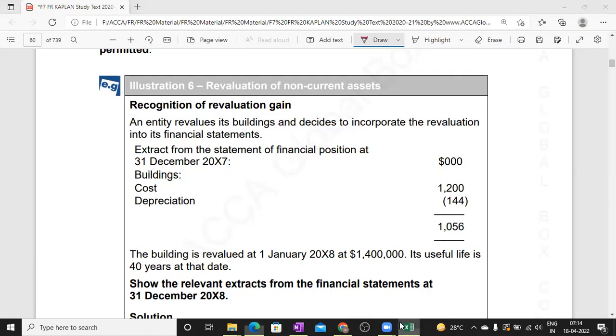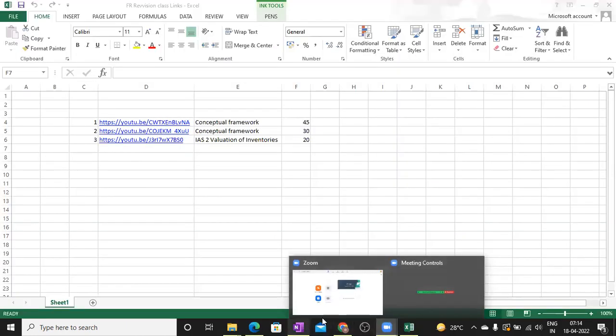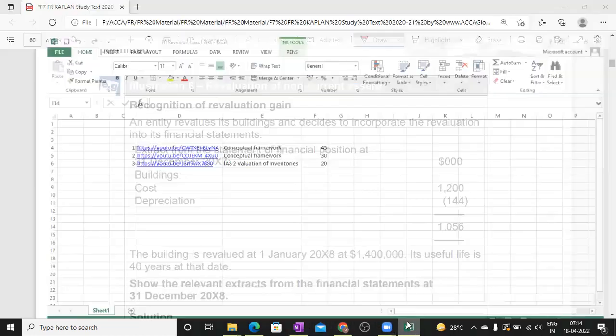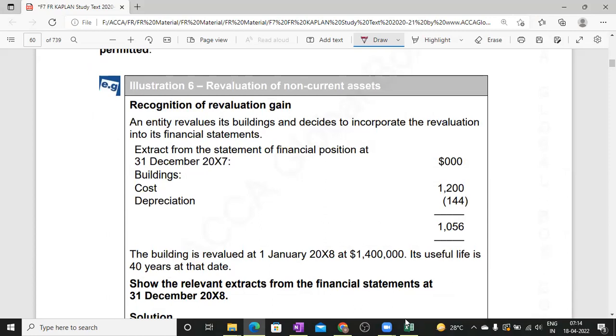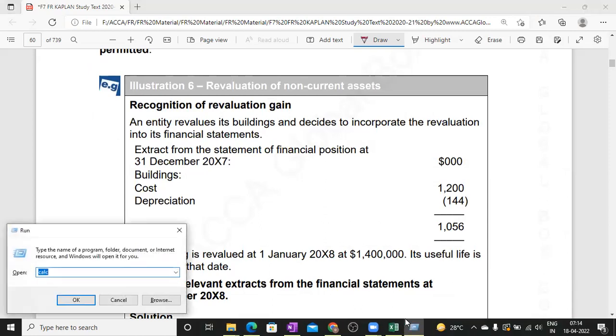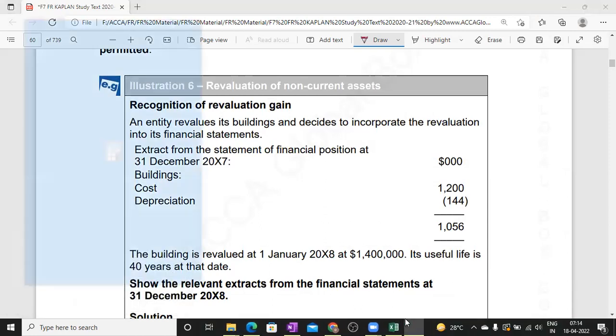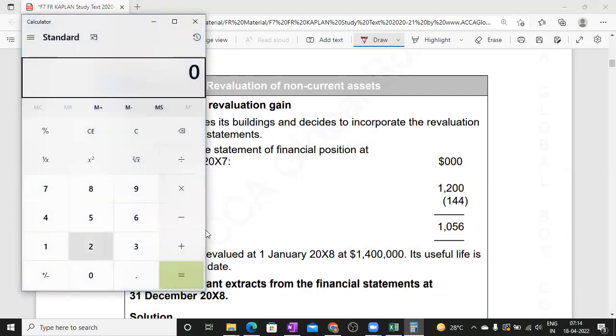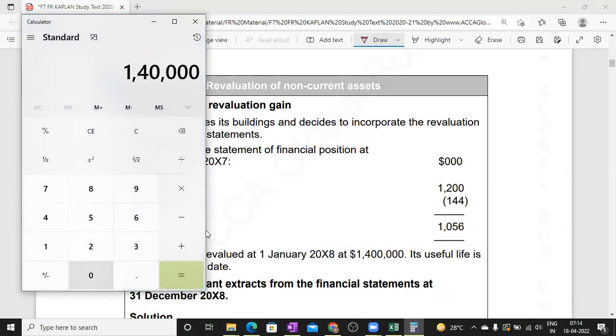So how much increase is there? 14 lakhs minus 10 lakh 56,000, that is 3 lakh 44,000.